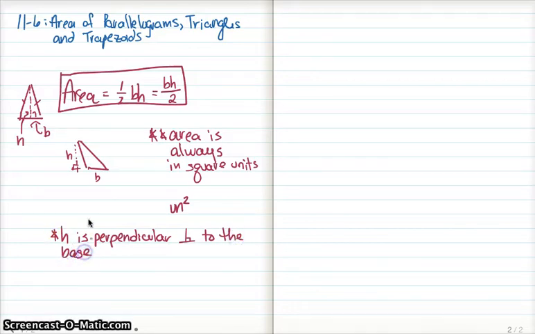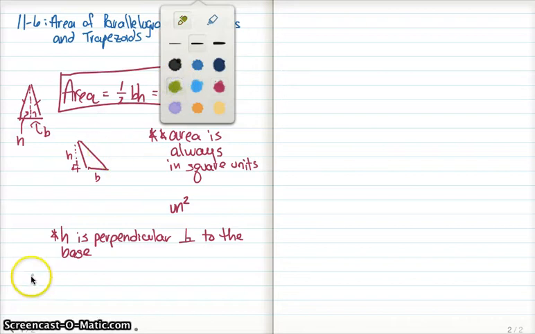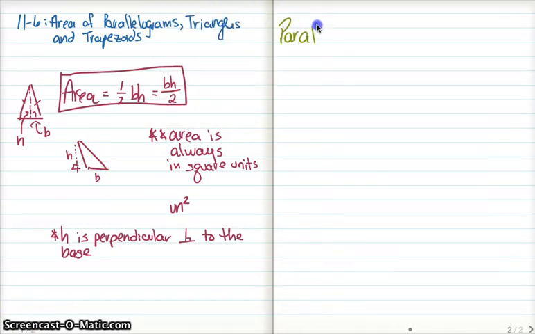Okay, let's remind ourselves about parallelograms. Let's choose a different color. Remember that in parallelograms, opposite sides are parallel. You might have a parallelogram that looks something like this, or it could be a square.